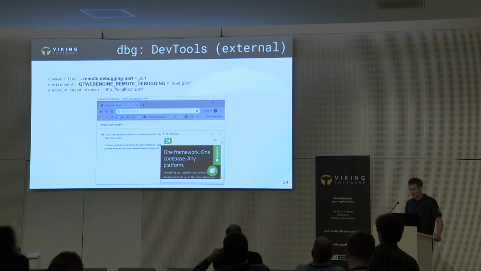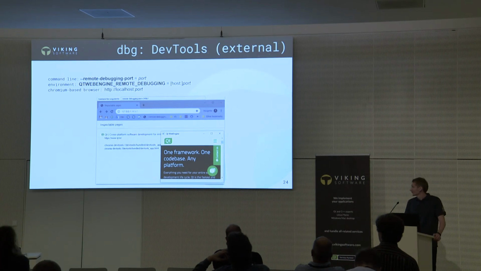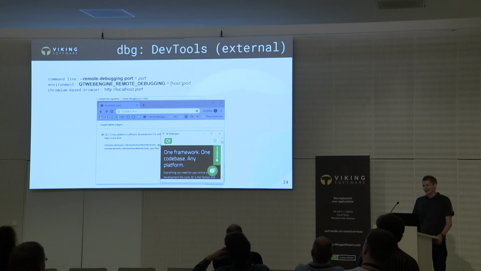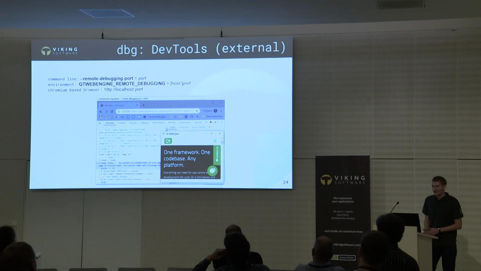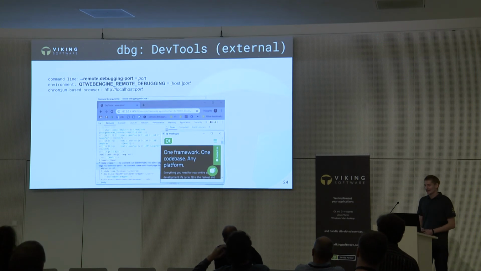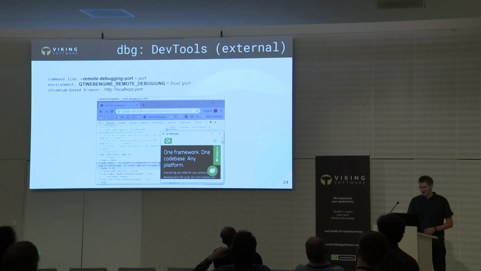Of course, it should be a Chromium-based browser for remote debugging. But frankly speaking, it's not real remote debugging. To use real remote debugging, you have to set up the environment variable with the host name specified. After this, you have real remote debugging.